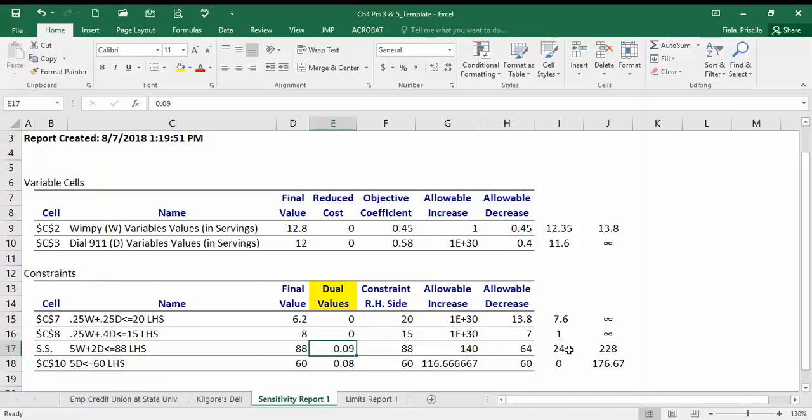So this is my allowable decrease, this is my allowable increase with the range of feasibility. For every unit that I increase on the right hand side of the constraint, my dual value is going to tell me by how much my optimal solution is going to either increase or decrease.